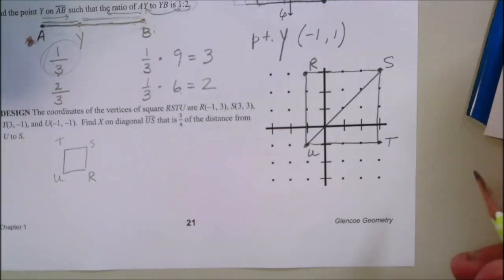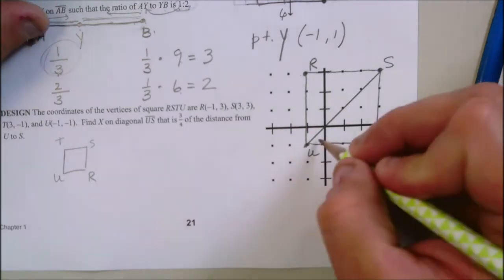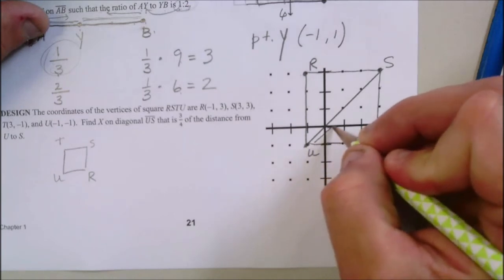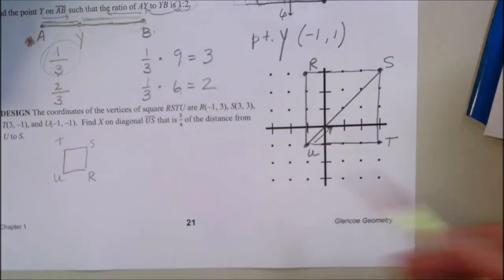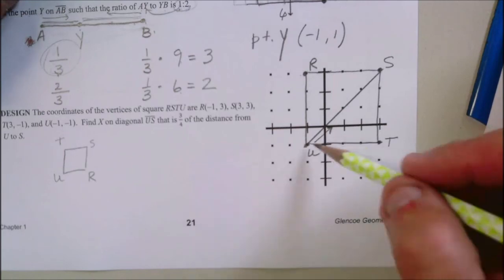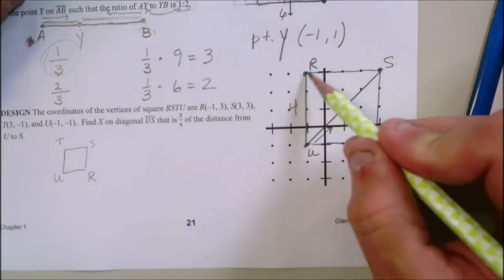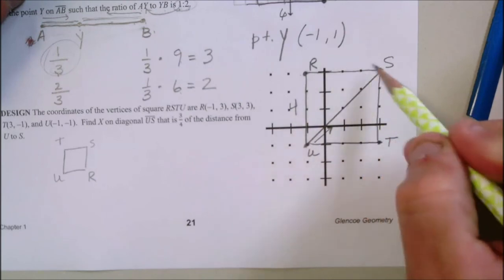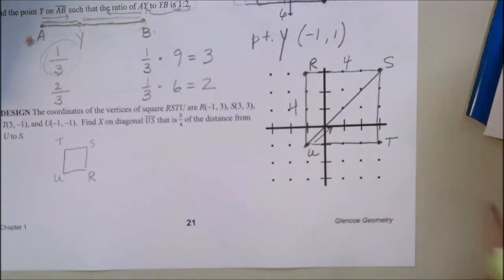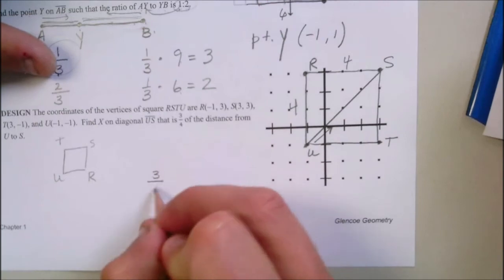find X on diagonal US that is 3/4 the distance from U to S. Okay, so again, we're going in this direction, U to S. We're going 3/4. So if I count the rise and the run, 1, 2, 3, 4. It's a square, so this should be 4 as well. 1, 2, 3, 4. Okay, and we're going to go 3/4 the distance of that.